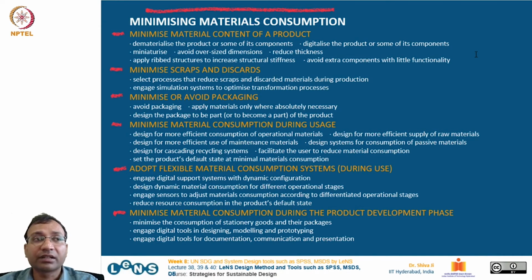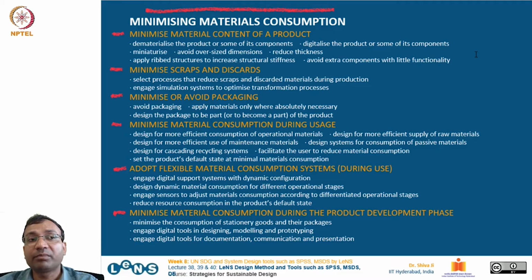Further, minimizing scraps and discards: select processes that reduce scraps and discarded material during production. Engage simulation systems to optimize transformation processes. Further, minimize or avoid packaging. Avoid packaging first of all. Apply materials only where absolutely necessary. Otherwise, do not use packaging materials.